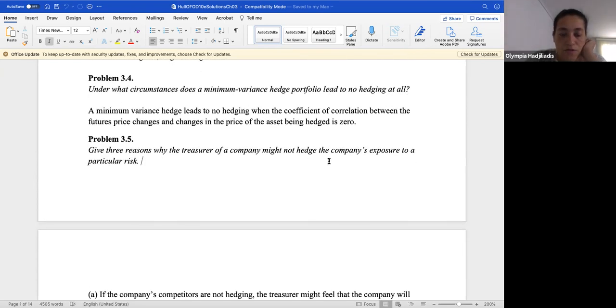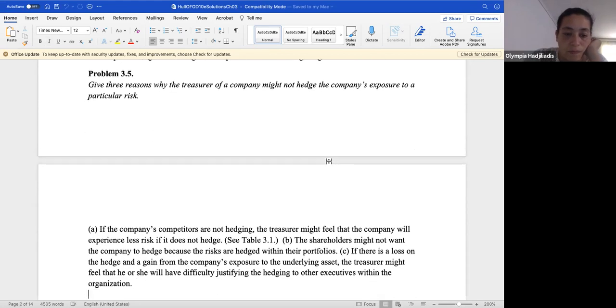Give 3 reasons why the treasurer of a company might not hedge the company's exposure to a particular risk. If the company's competitors are not hedging, the treasurer might feel that the company will experience less risk if it does not hedge. Okay, so we saw that with the gold jewelers case.